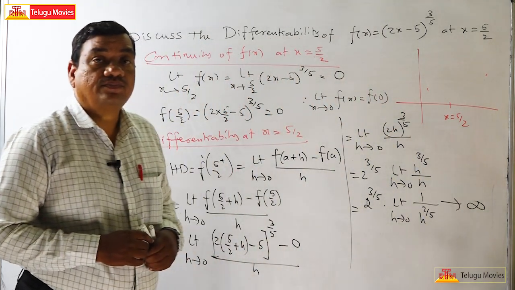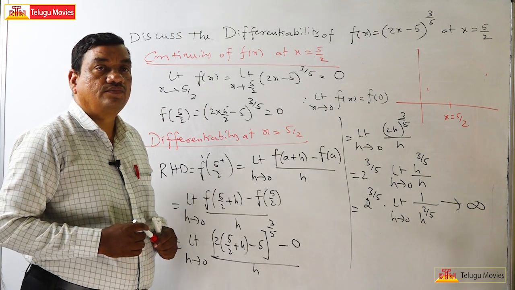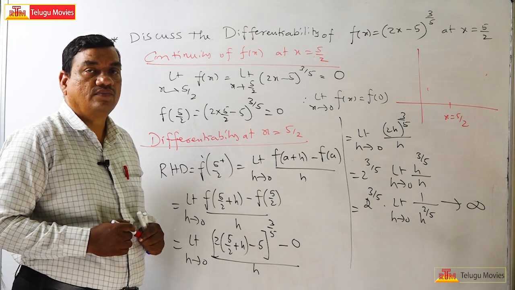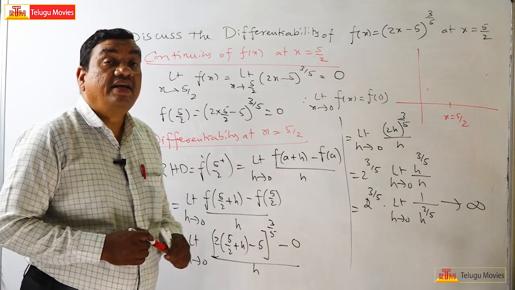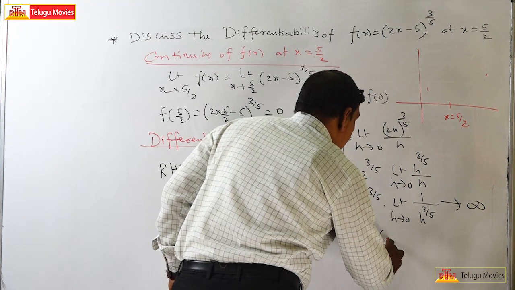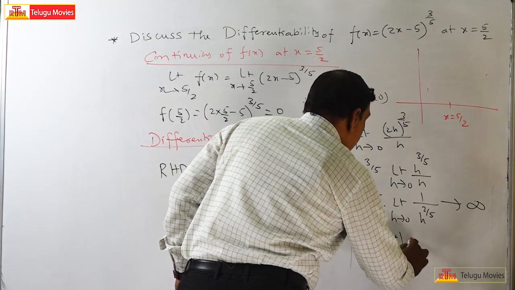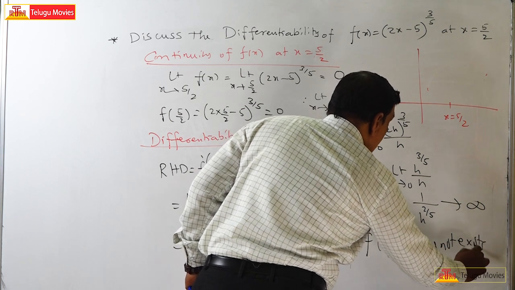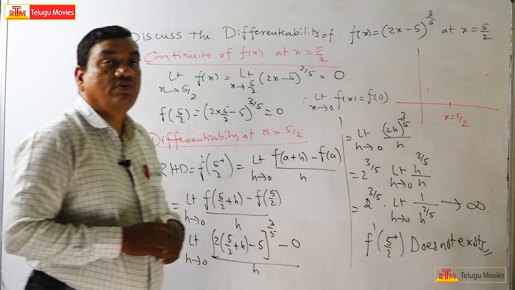That means the limit does not exist. So f dash of 5 by 2 plus does not exist. Limit does not exist means what?